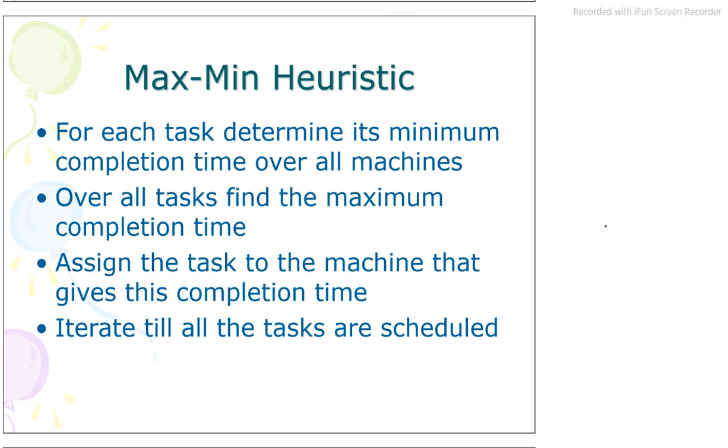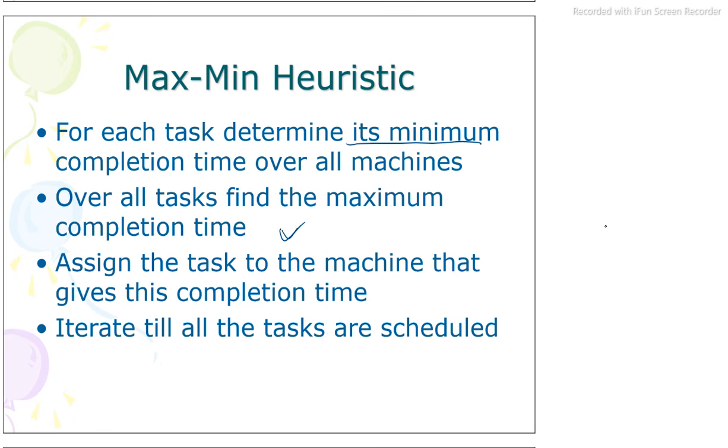First, for each task out of the set of tasks, we need to determine its minimum completion time over all machines or all clouds. Here again I want to remind that machines are equivalent to clouds. Then the next step, over all tasks, find the maximum completion time.